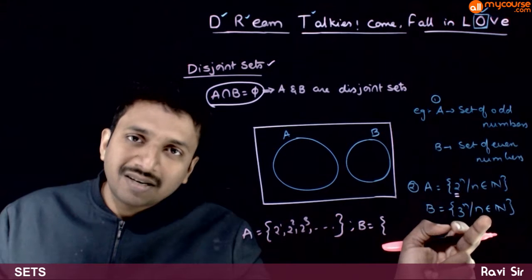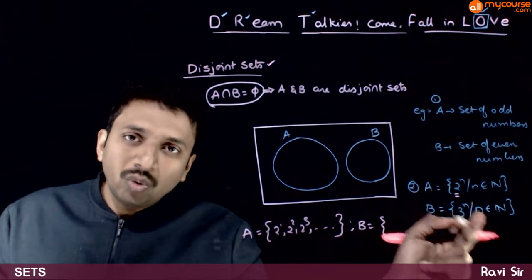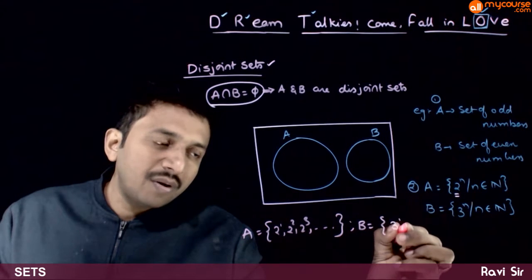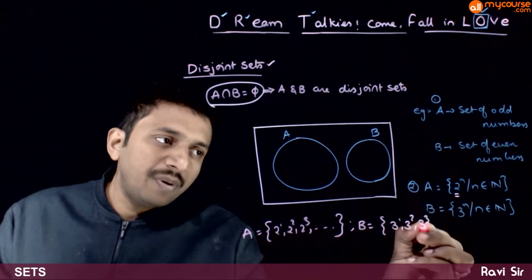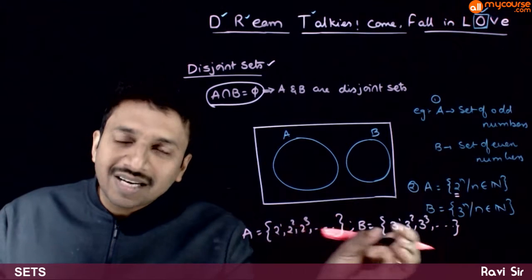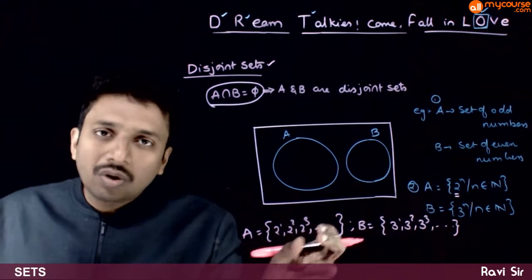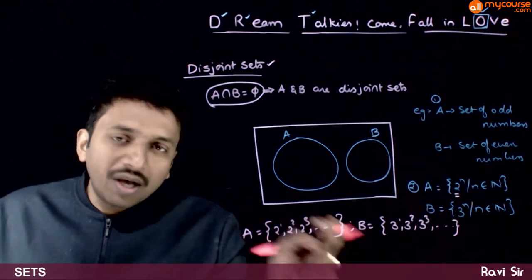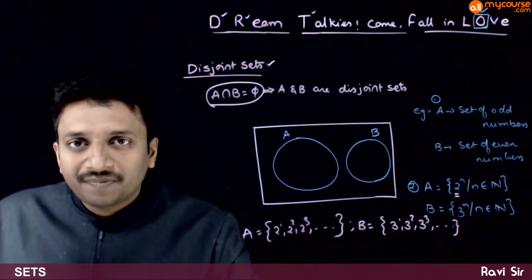First let n be 1, next n be 2, n be 3, and so on. So you get 3 power 1, 3 power 2, 3 power 3, and so on. Do you see that these two sets don't have any intersection? There is no common element in these two. Hence these two are called disjoint sets.